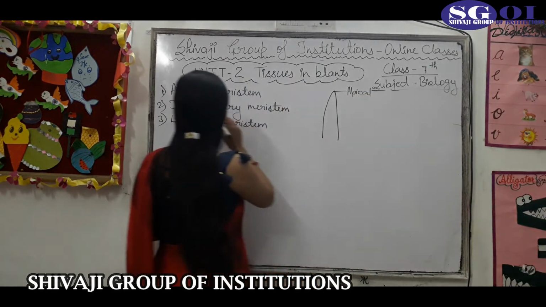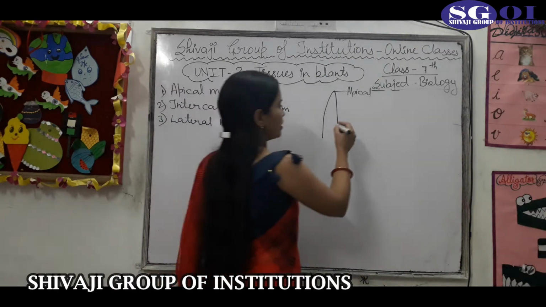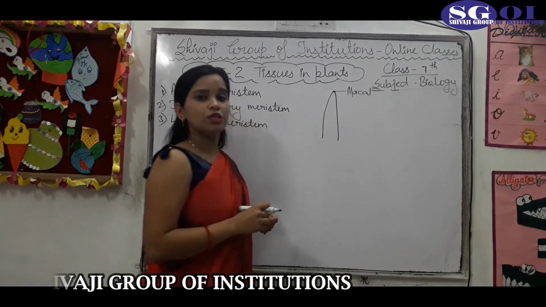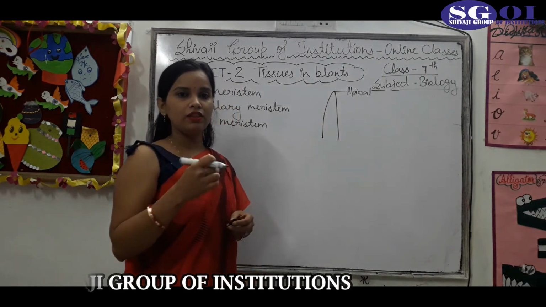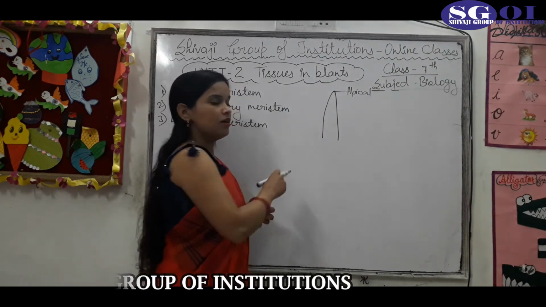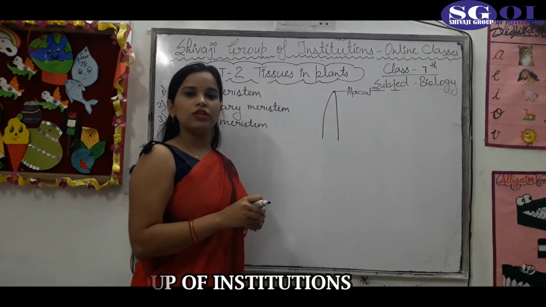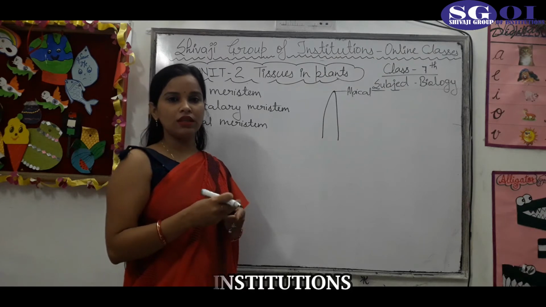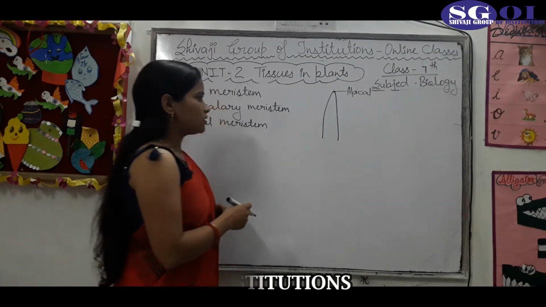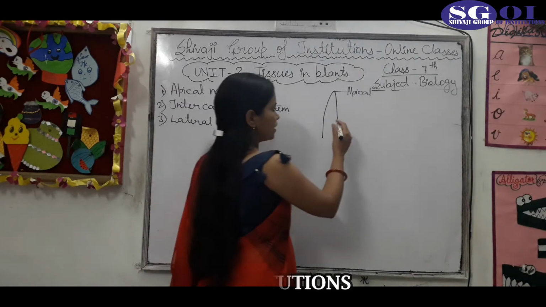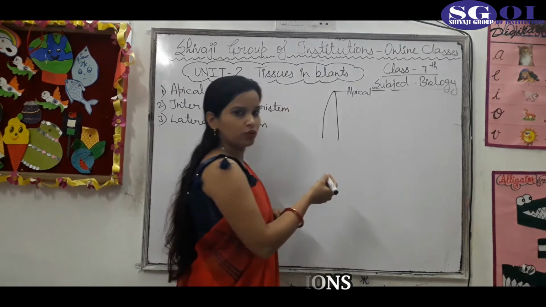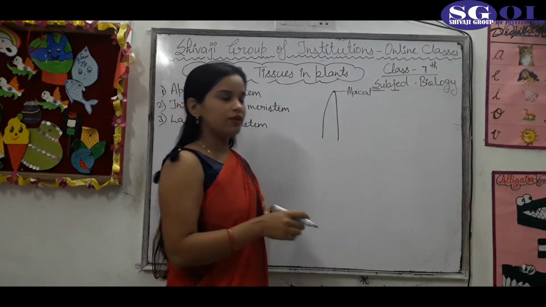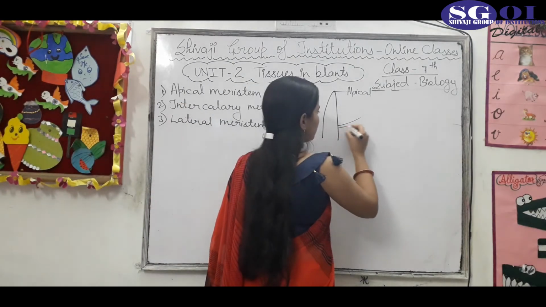One more thing: apical meristem is responsible for increasing the length of a plant, because it is found at the tip of the root and shoot. Next is intercalary meristem. Intercalary meristem is found at the base of the node. What is a node? Where the leaf grows, that place is called a node. Suppose this is the place where the leaves grow.